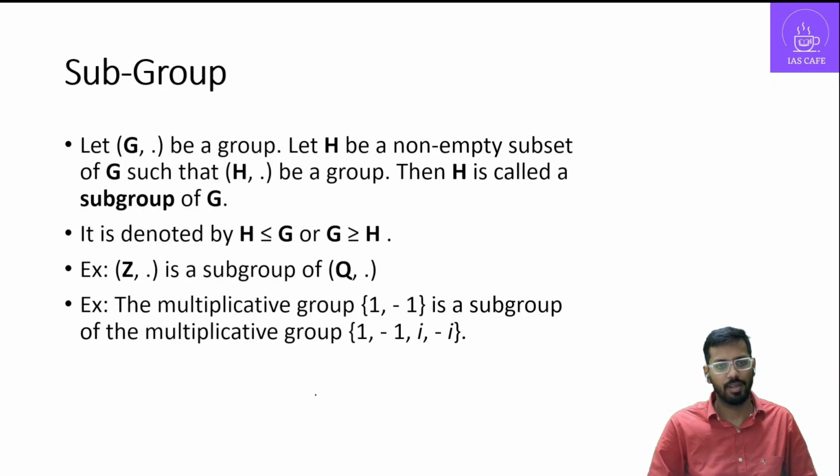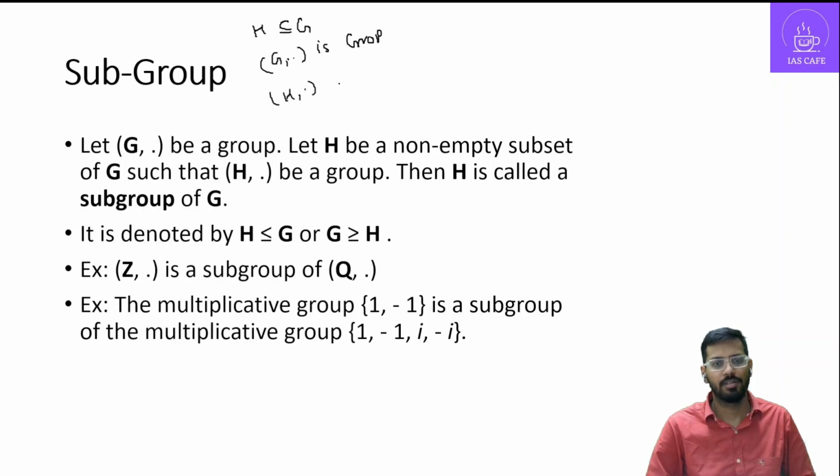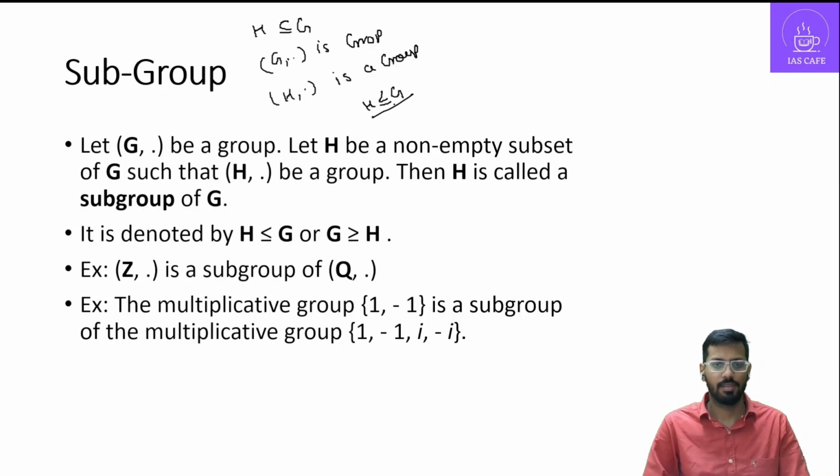So if H is a subset of G, and (G, ·) is a group and (H, ·) is also a group, then we will call H a subgroup of G. That is the basic definition of a subgroup.